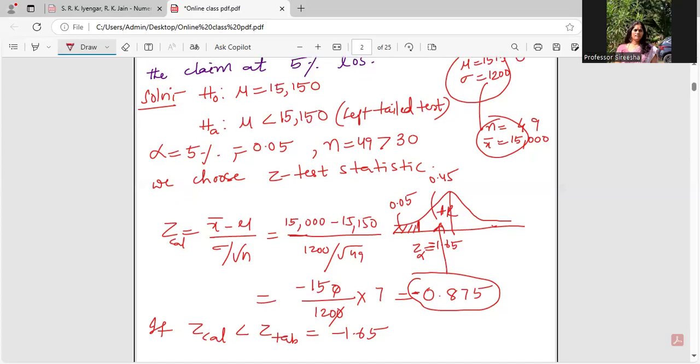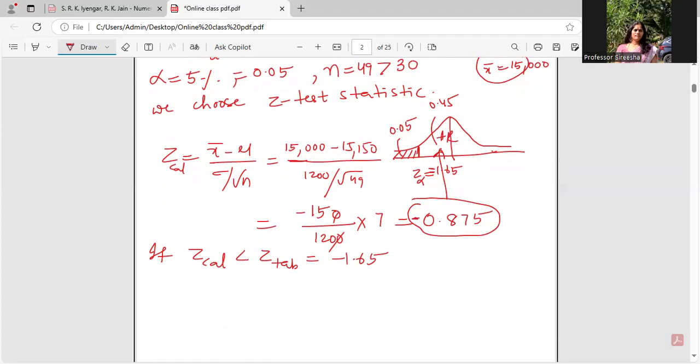So what's happening? Z cal is greater than Z tab. If Z cal is less than Z tab, reject H naught is what I should do. But in this problem, Z cal is equal to minus 0.875, which is greater than minus 1.65.